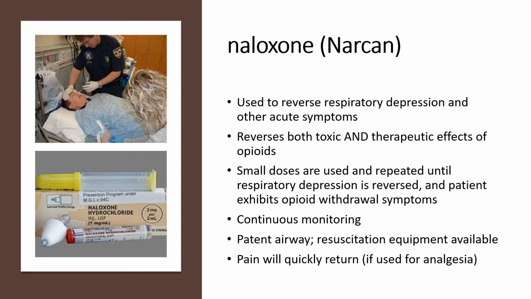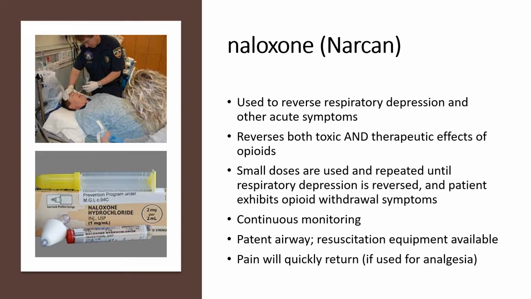Okay, so someone who is becoming hypoxic or is unconscious from an opioid or hypotensive from an opioid, we would use naloxone to reverse those effects. Not just someone who's a bit sedated, but someone who's having profound effects from the opioid.